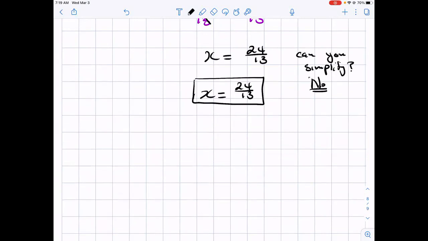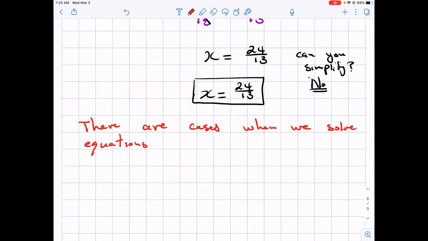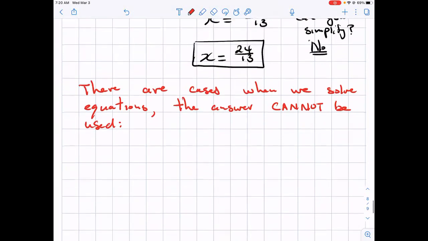So we can have equations where, when we solve, the answer cannot be used, right? We can't use them. So we will notice that there are cases when we solve equations where the answer cannot be used.